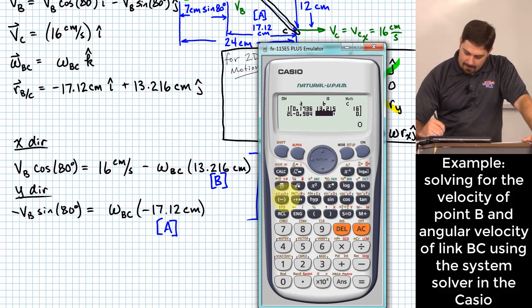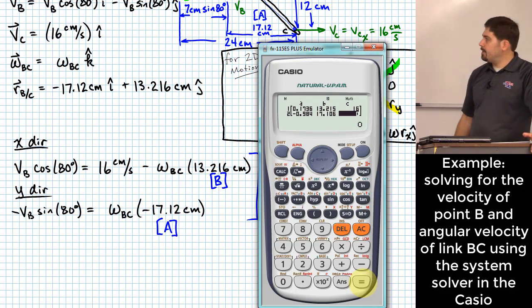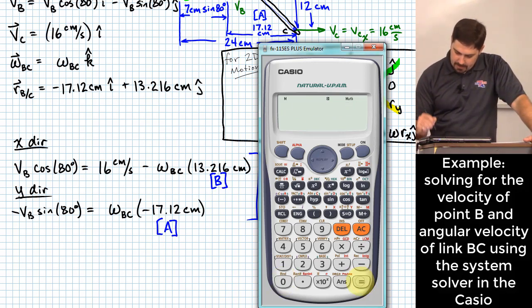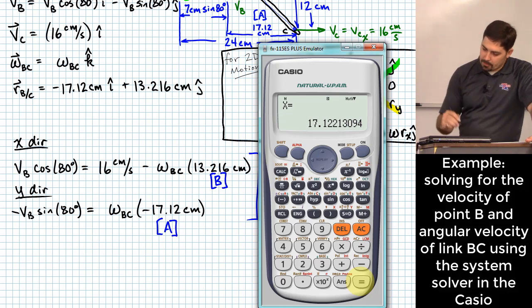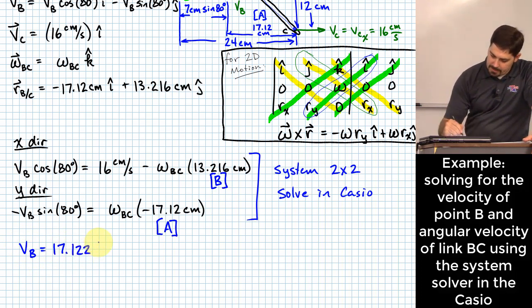So we put that in, and then we have no constant term in that second equation, so we put a 0 in, and we solve, and we find out that x, which represents v sub b, is 17.122. Okay, and that would be in units of centimeters per second.